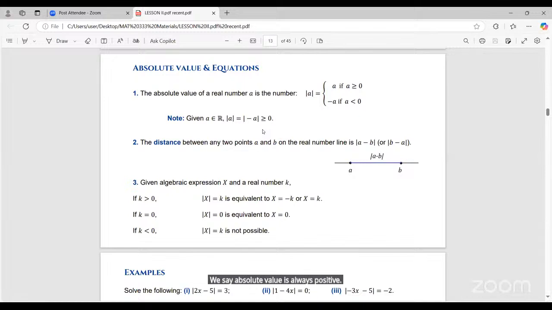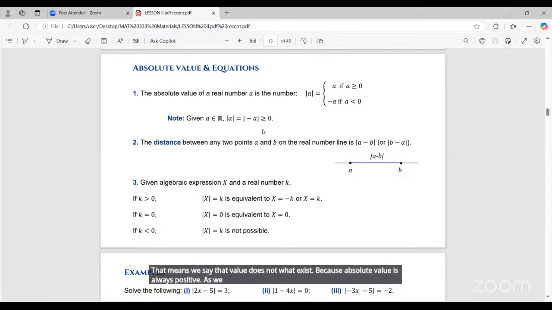Is it not? Now, A if A is greater than or equal to 0, we have A. Now, minus A if A is less than 0, that's what I wrote there. When the absolute value is less than 0, that means we say that value does not what? Exist, because absolute value is always positive. As we move forward, you will see in the example I will give, you will be clear. So just give me some time.